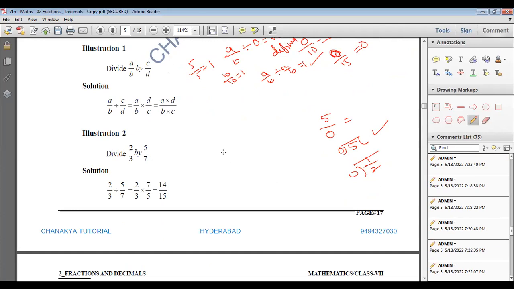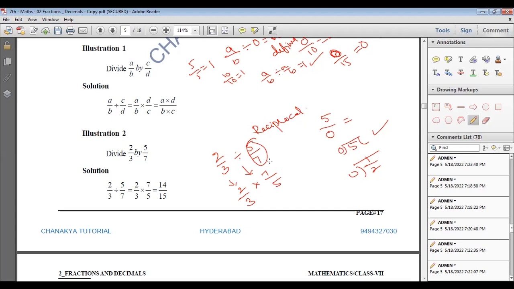2 by 3 divided by 5 by 7. Very simple. First fraction, take as it is. Then make the reciprocal, and the numerator is 3 by 5, that is 15. And 2 into 5 is 10.